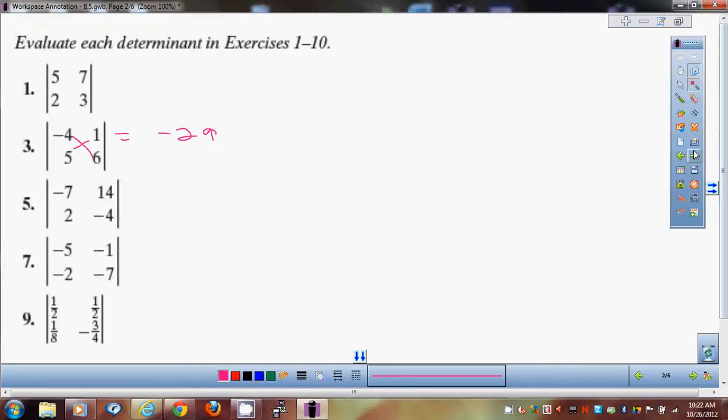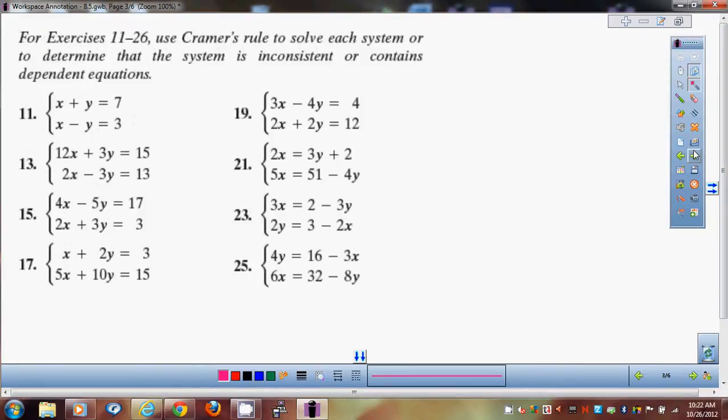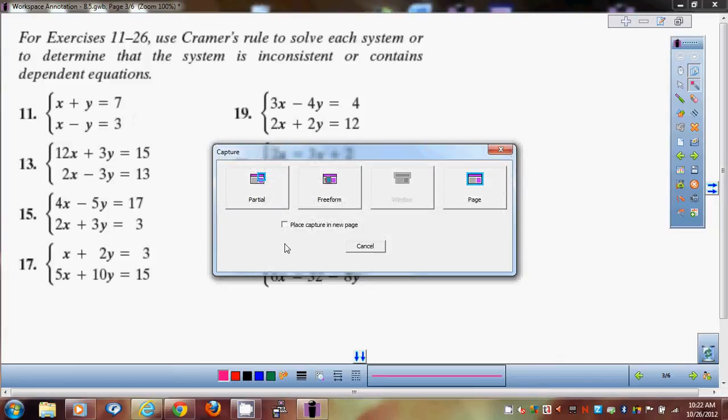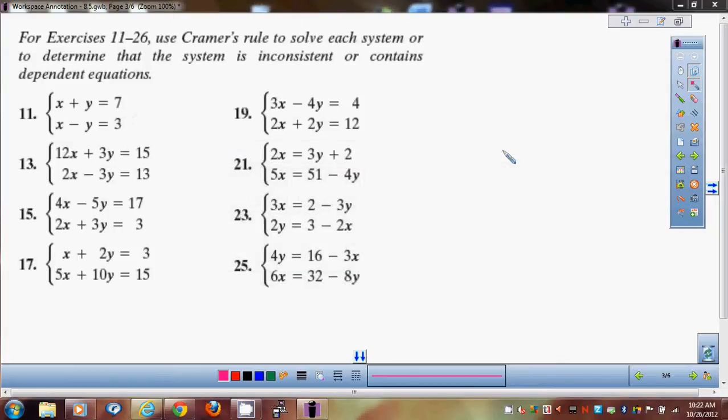Cramer's rule says that to solve these systems of equations using the determinants, here's what you're going to need to do. First step, let me take one of these elsewhere. Actually, let's play a little game. Let's see if we can just identify right off the bat which of these, on the left-hand side, is going to render you a solution that you can't find?